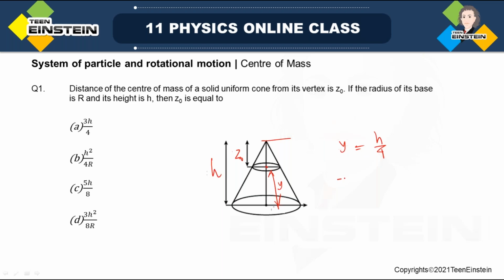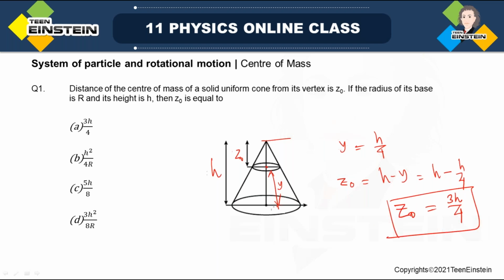So z0 will be h minus y, that means h minus h by 4, so this will give you 4h minus h, that means 3h by 4. So z0 is 3h by 4. The answer is 3h by 4, is this A.